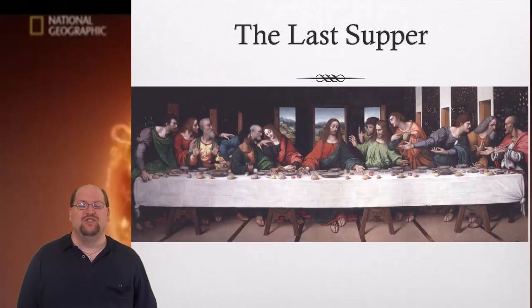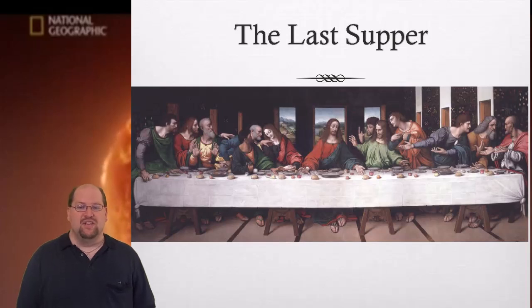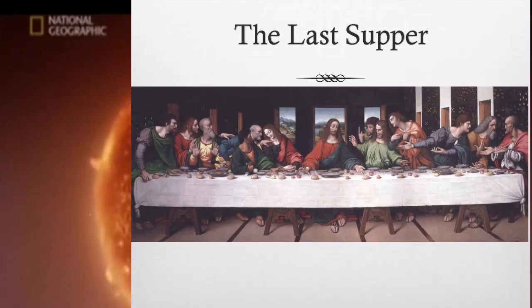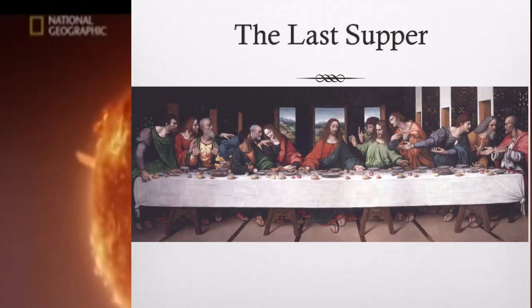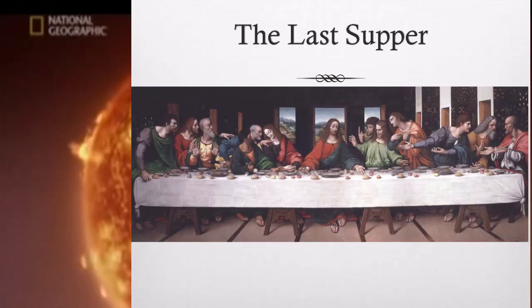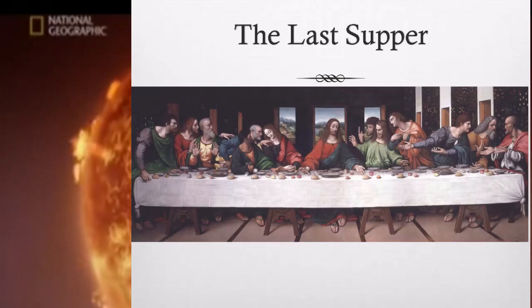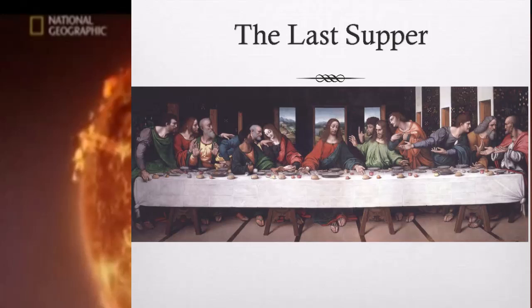Another one of Da Vinci's widely known paintings is shown here, The Last Supper. This biblical image depicts Jesus and his disciples shortly after telling them that one would betray them. If you look at how each person is positioned in the painting, you can see almost all the disciples are lined up shoulder to shoulder. Another interesting thing about this painting is it includes several references to the number 3.